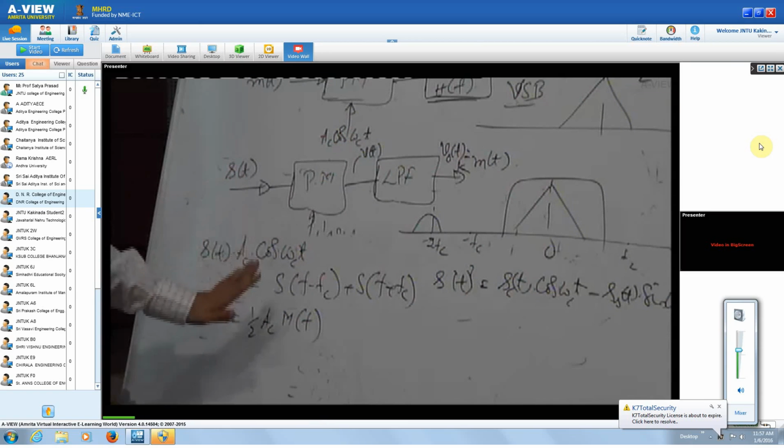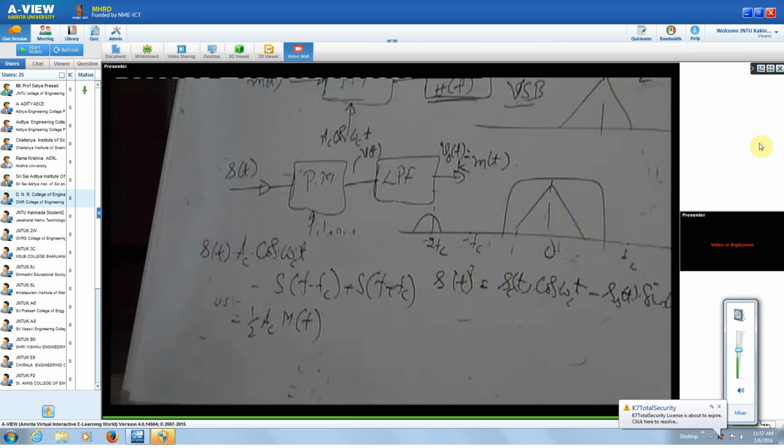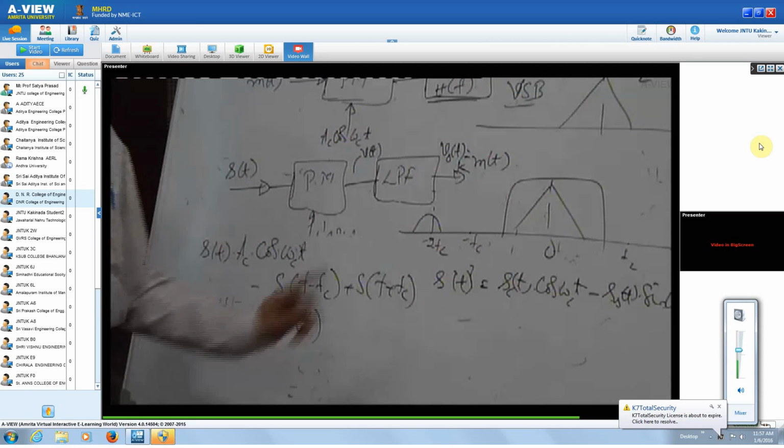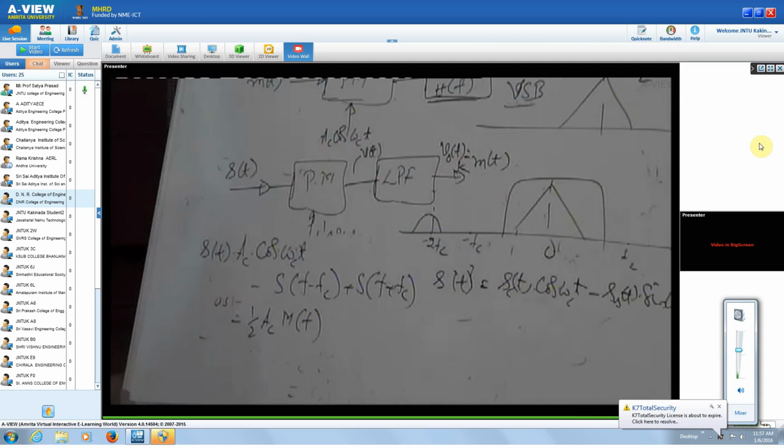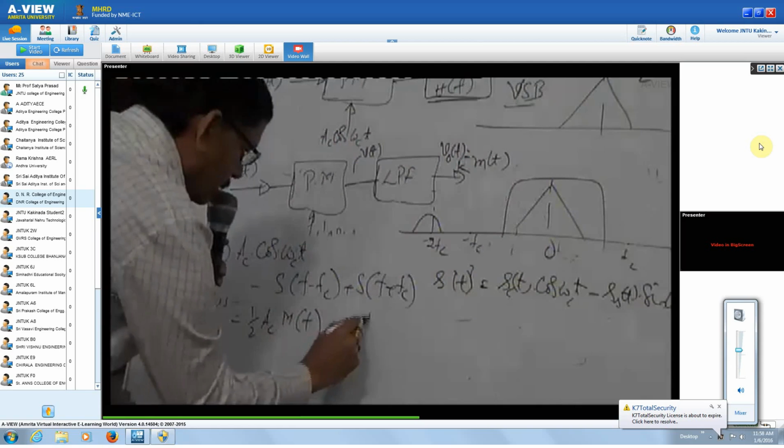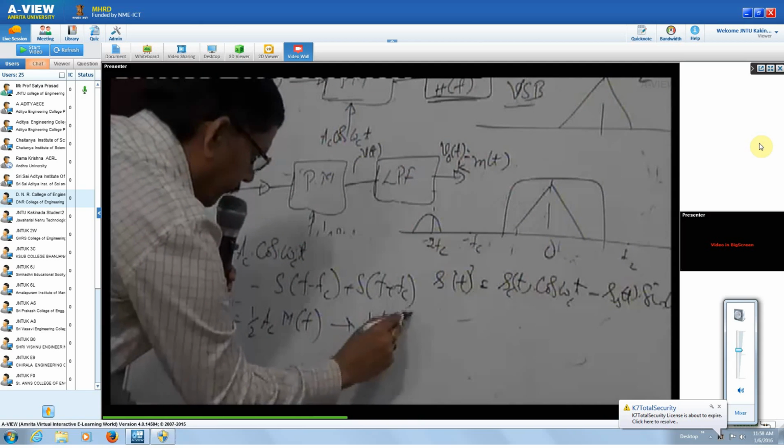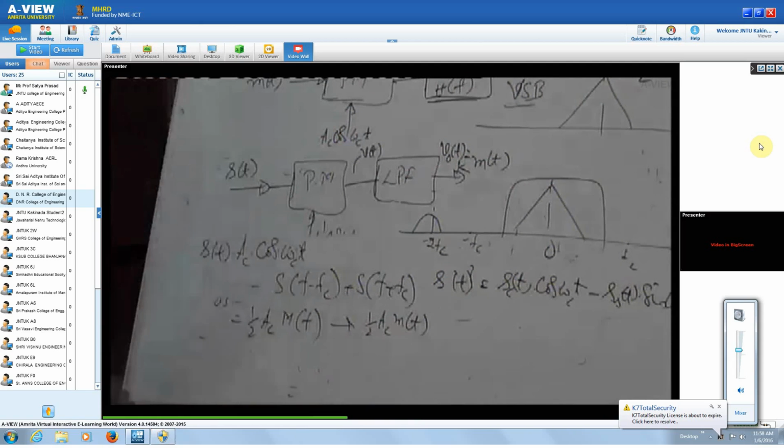Similar to the lines of the SSB, I am not putting all the steps here. Put in between steps and show that this is the spectrum that we are going to have. So this gives you AC m of t.